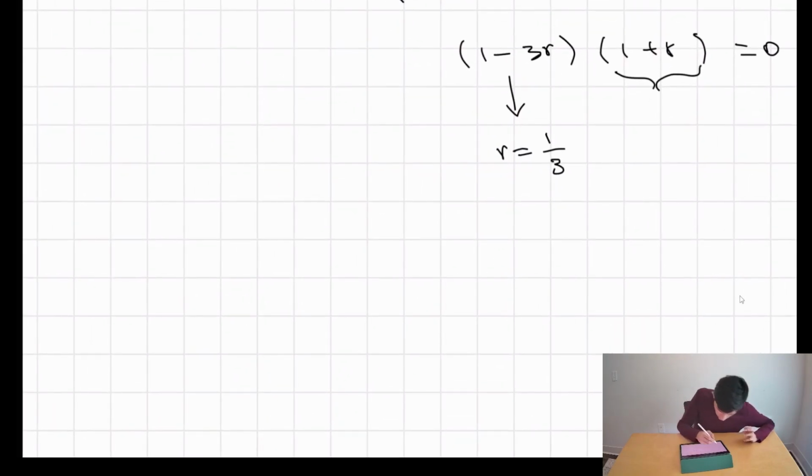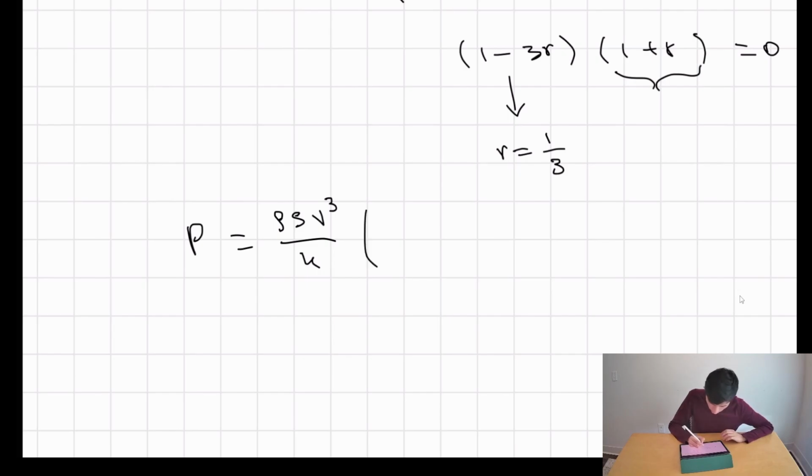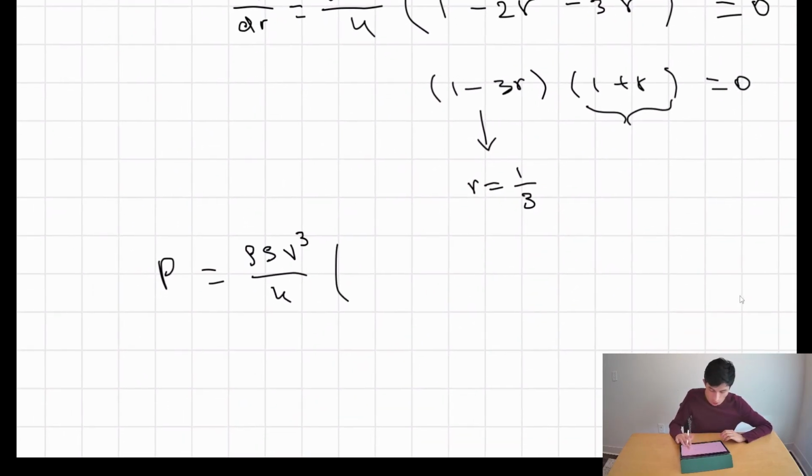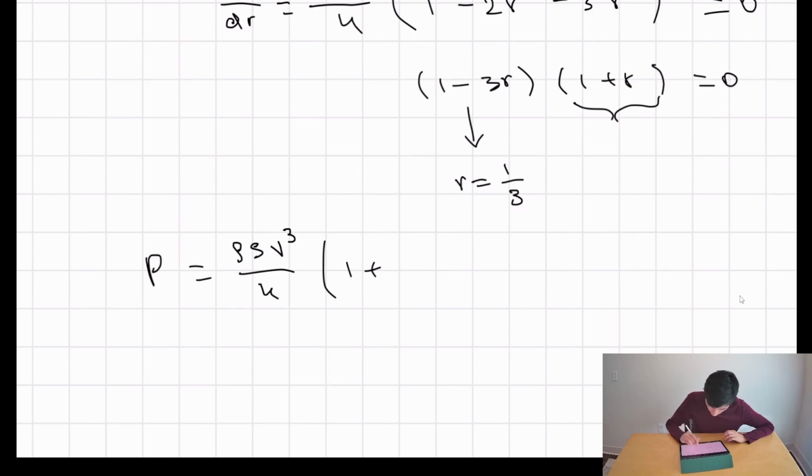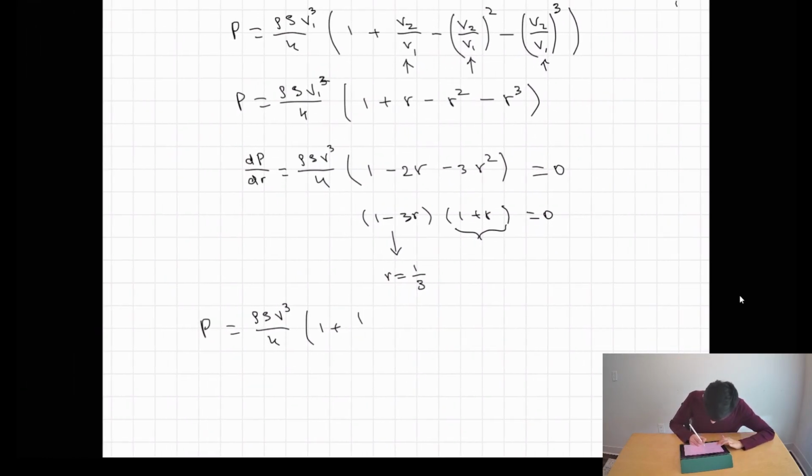Okay, so what we're going to do is get the power equal to rho SV cubed over 4, and we're going to substitute r into the equation. So it's 1 plus 1/3 minus 1/9.